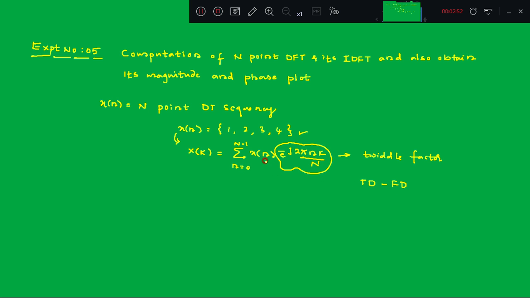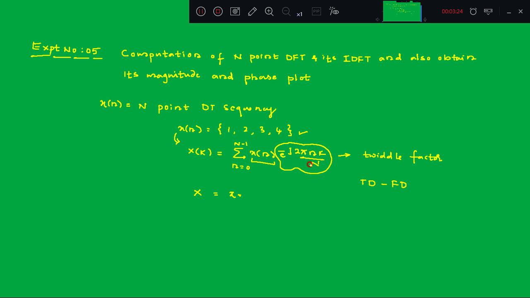So this is a linear equation, and the same equation can be put in matrix form. So this capital X of k I will write as capital X, which is equal to the sequence x of n, which I will denote by small x, multiplied by another matrix which contains the complex exponential elements, right?